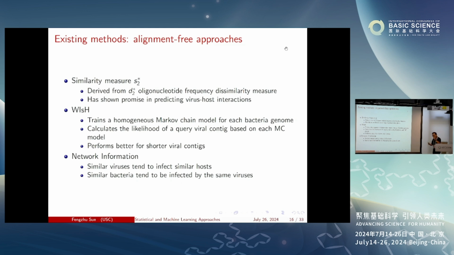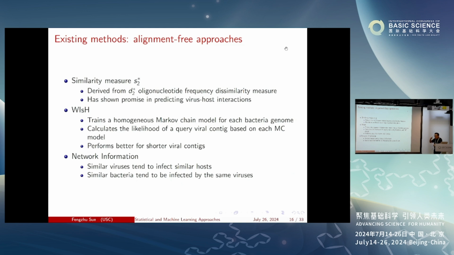We had been working on this for over 10 years before we studied this problem. So we used this measure, the so-called D2 star, for which we got some recognition some time ago.